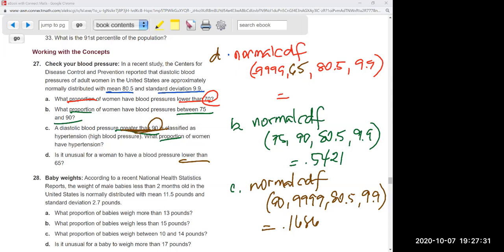So William said 0.0587. Very good. Now the question, is it unusual? When is it unusual again? Less than 0.05. So this is greater than 0.05, so it's not unusual.